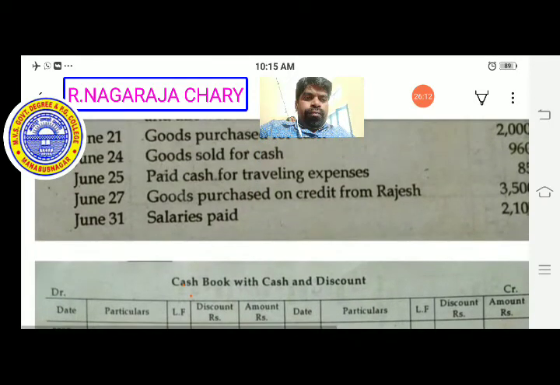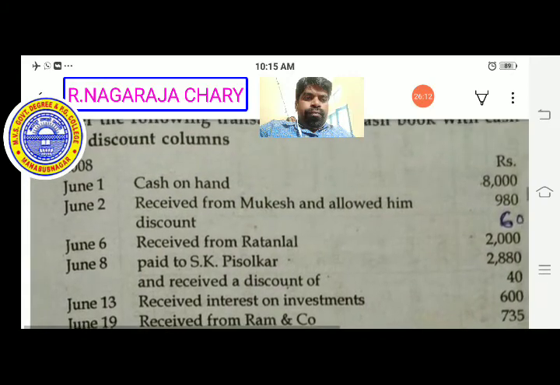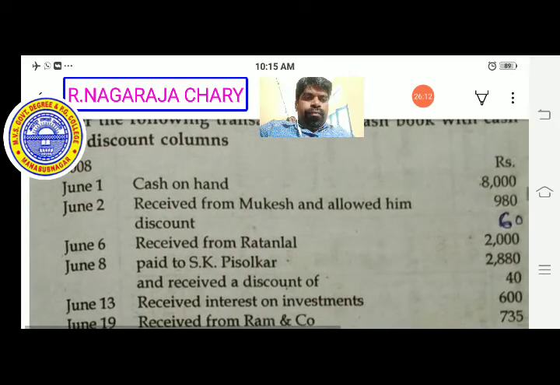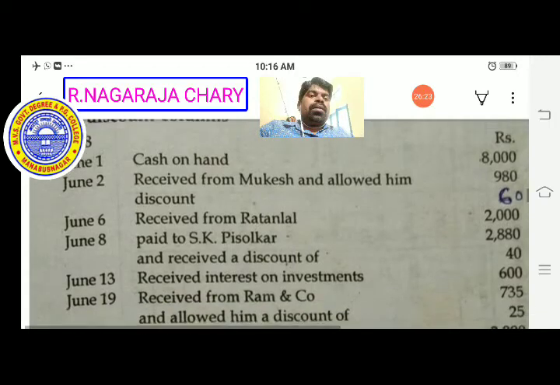The first transaction is cash on hand 8,000 rupees.